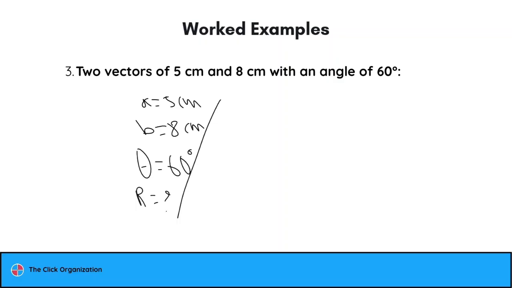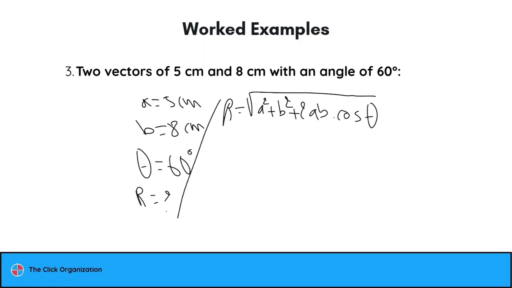The formula we use for this problem is the resultant vector formula, R equals the square root of a squared plus b squared plus 2ab times cosine of theta. The theta given is 60 degrees, so we must find the cosine of theta too.